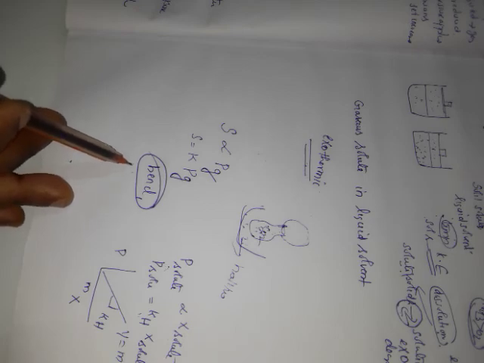So, what are the limitations of Henry's law? Henry's law is applicable only at moderate temperature and pressure, not for high temperature and high pressure. Only less soluble gases obey Henry's law. This is another limitation. Third limitation: gases reacting with the solvent do not obey Henry's law.